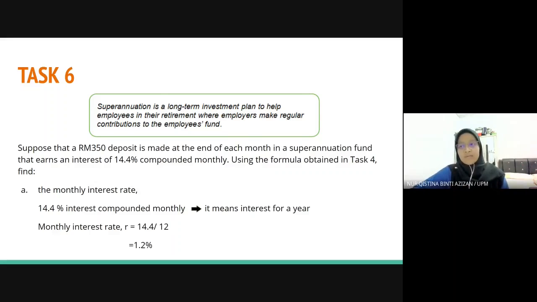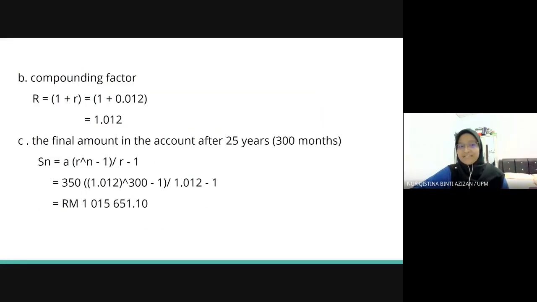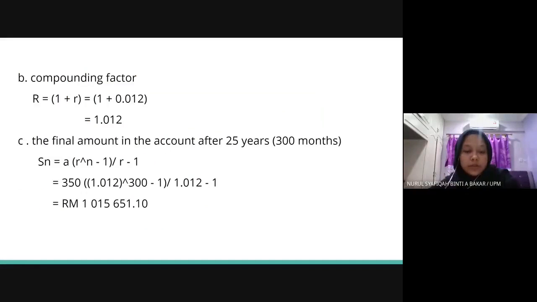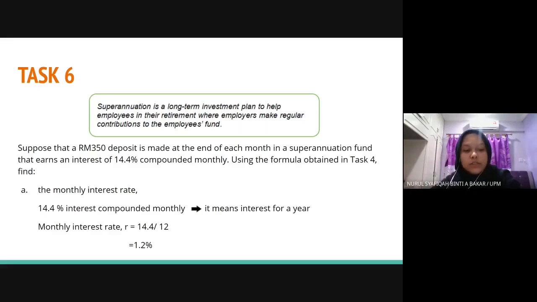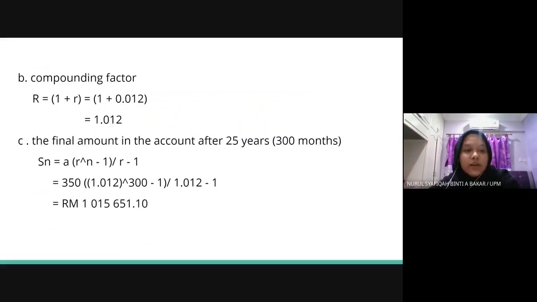So we get 1.2%. After we got the monthly interest rate of 1.2%, we divided it by 100 because we want the answer in decimals. Then we substituted into the R of the compounding factor, which is 1 plus 0.012, and we got 1.012.